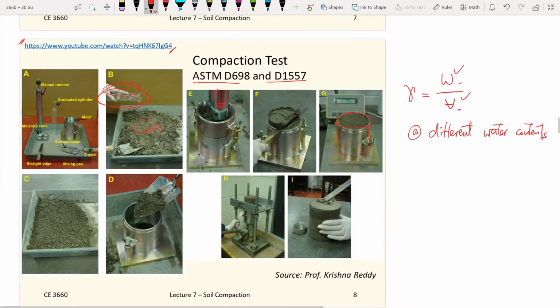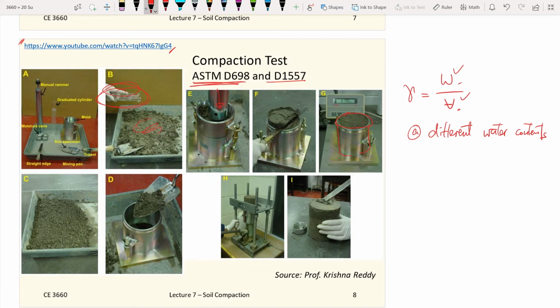And there are two ASTM standards. One is for the standard Proctor, and this one is for the modified Proctor. And again, the best way for you to learn for this course is to go ahead and watch the YouTube clip. And later in the semester, we go to the lab, and you will spend a couple of hours working on those tests.